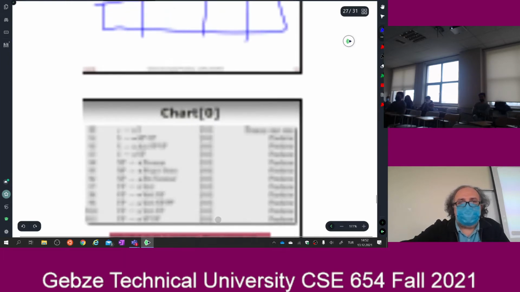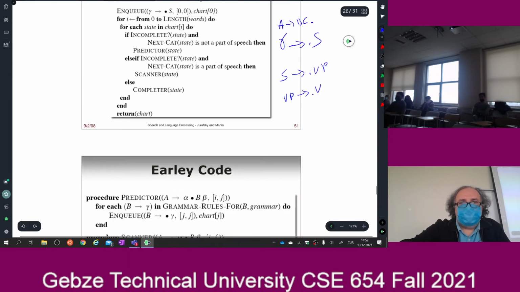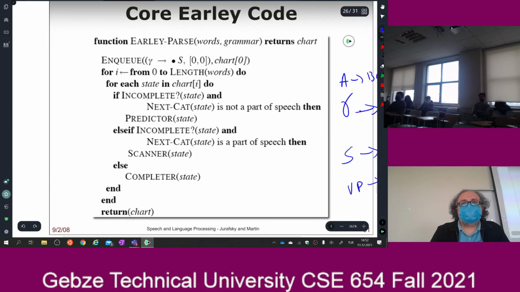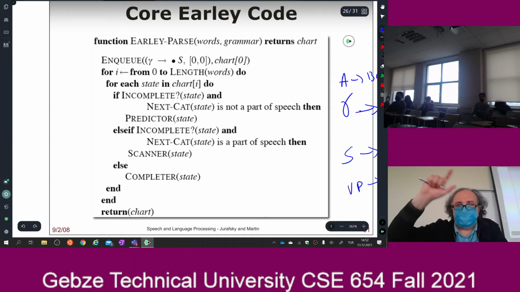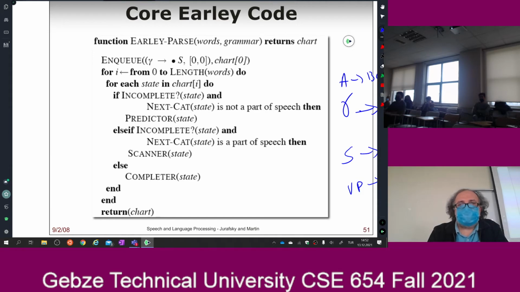If I go back to the algorithm again, I get the words and grammar, and at the beginning do this. Gamma goes to dot S. This is the dummy rule. I'm going to run this loop from 0 to the length of the words, and then inside each of those chart boxes, for each state in the chart, I am going to ask this question: are you incomplete?